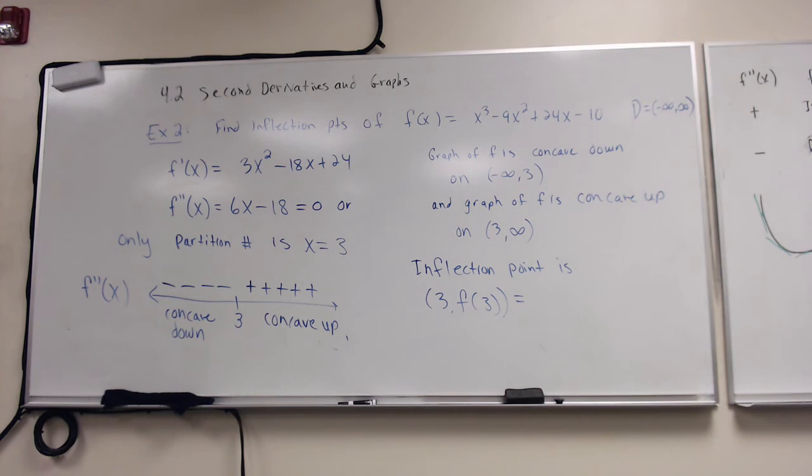Okay. Anybody get a value for f of 3? I want to make sure that we're on the same page. Did you get something yet? No, I'm plugging in right now. Okay.